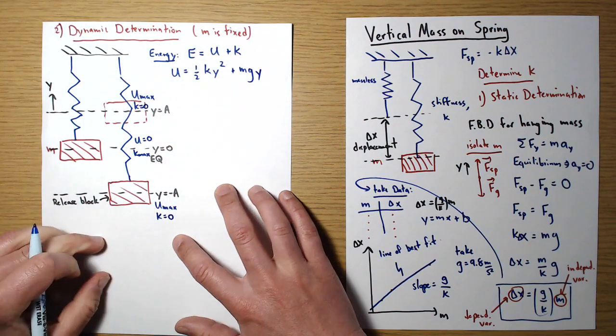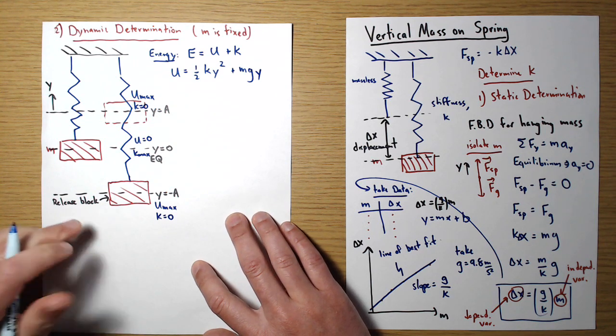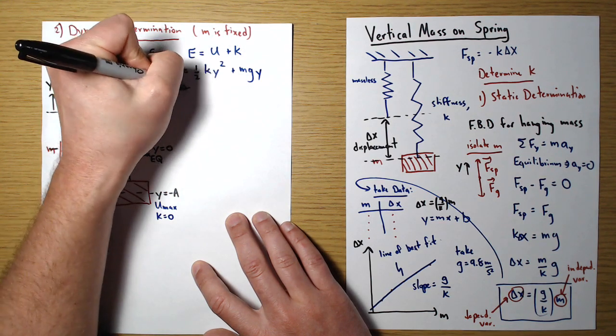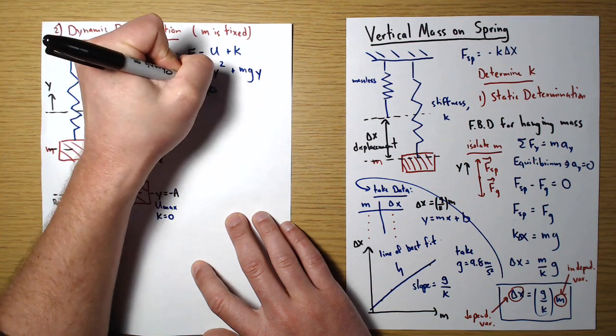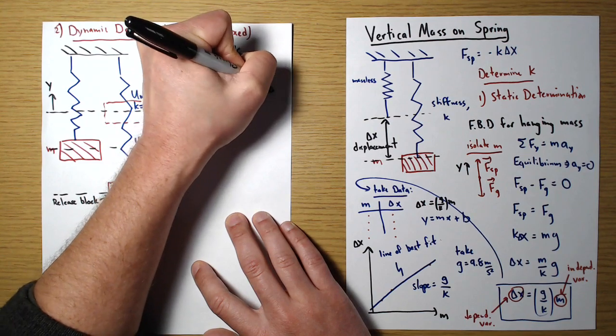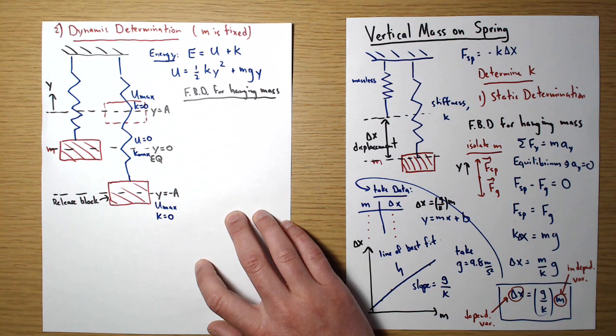All right, now, how are we going to use the dynamic determination to actually determine the spring constant in this case? Well, I'm going to do a free body diagram again for the hanging mass. I have to isolate the mass and draw all the forces that are acting on it. I'm going to skip a couple steps here.